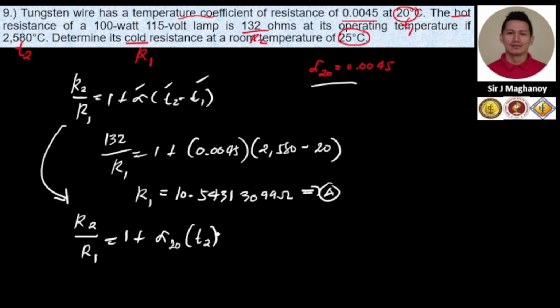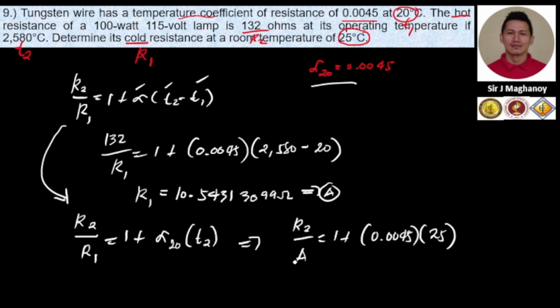R2, our unknown cold resistance, over the initial resistance alpha A, is equal to 1 plus the temperature coefficient at 20 degrees Celsius, 0.0045, times the temperature of 25 degrees Celsius minus 20.